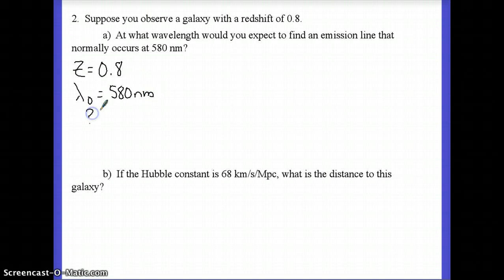We're solving for lambda. From the last unit, we know that z is equal to lambda minus lambda naught over lambda naught. So 0.8 times 580.